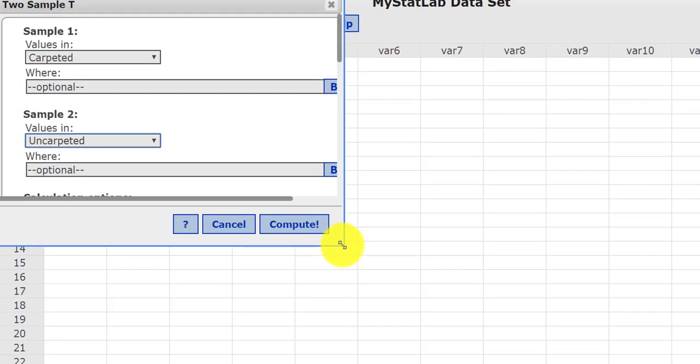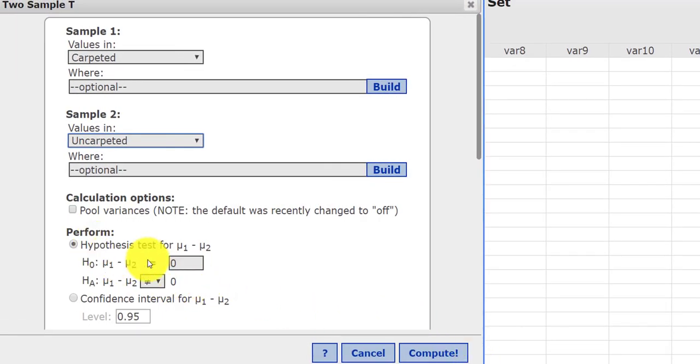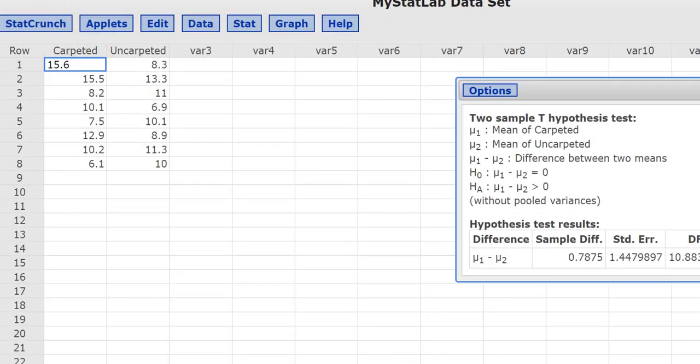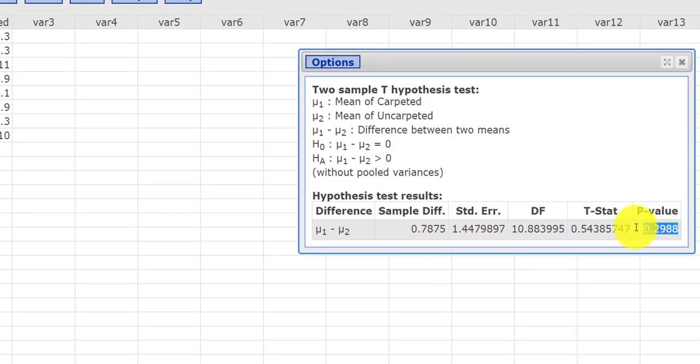We want to do a hypothesis test that they're equal, and the alternative would be U1 is greater than U2, right? If I add U2 to both sides, U1, the carpeted rooms, is greater than U2, the bacteria in uncarpeted rooms. Press compute. My p-value is 0.2988.